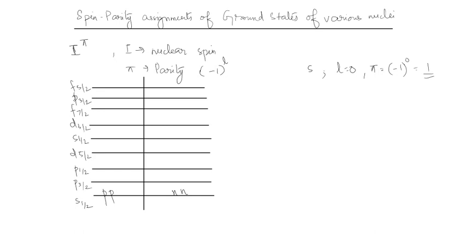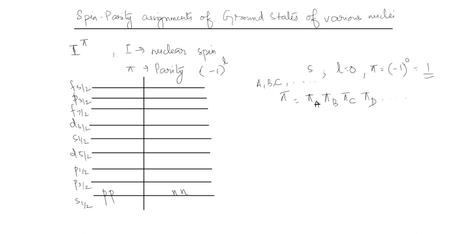So if here I have two protons in the L equal to 0 state, let there be A, B, C, etc. nucleons in a particular energy level, then the total parity is given as the product of individual parities. Okay, how many nucleons are there in a state? You just check. Then for each you can find out parity using the expression (-1)^L, and the total parity of that state will be the product of individual parities. Okay, that much we need to know.